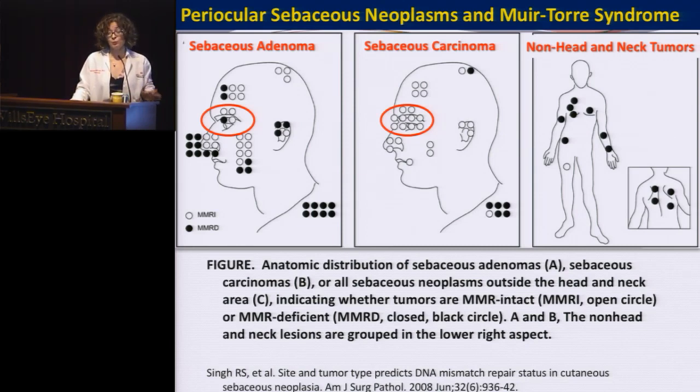We don't yet have good guidelines for management of screening of patients of periocular sebaceous carcinoma, but the data suggests that typical sebaceous carcinoma in meibomian gland region can be left alone unless you have grounds for concern.